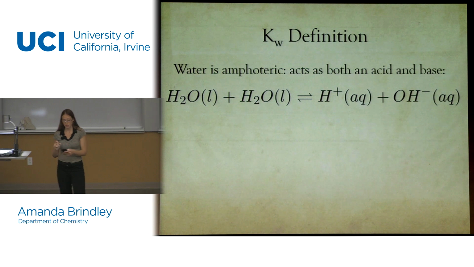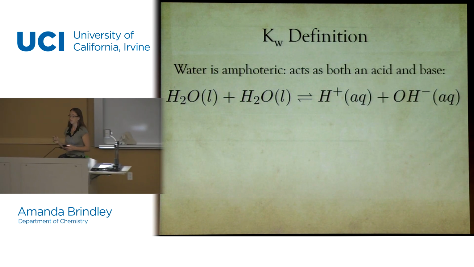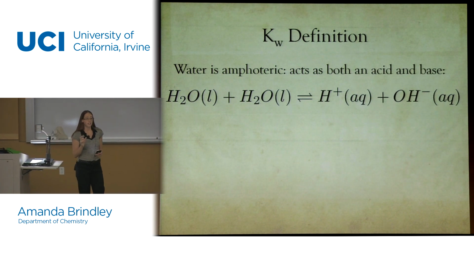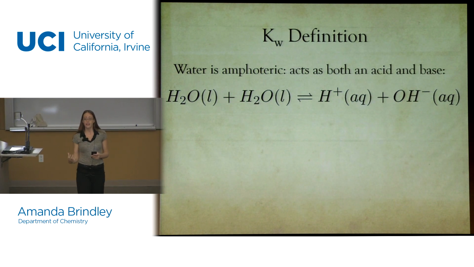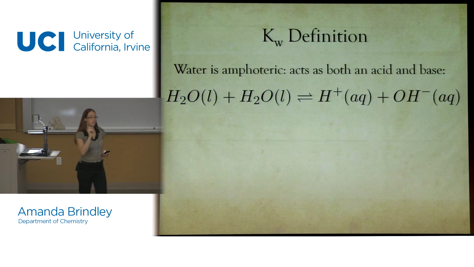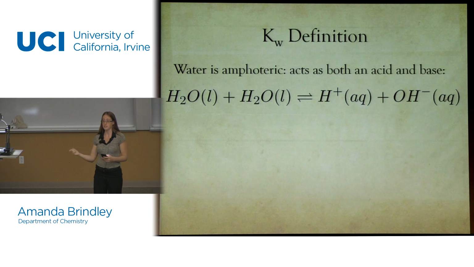Okay, so first of all, what is Kw? Kw comes from the fact that water is actually both acid and base. Or if you want to talk about it a different way, it auto-dissociates. So there's two different things going on. Let's first talk about amphoteric. The phrase amphoteric means that it can be both an acid or a base.